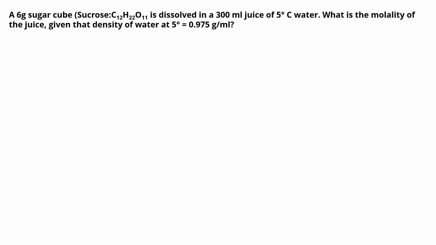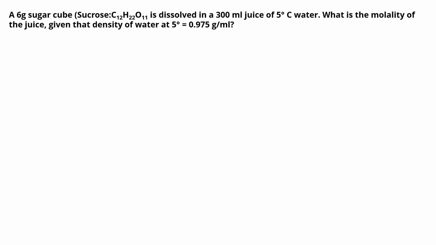Please read the question carefully. A 6 gram sugar cube is dissolved in 300 ml juice at 5 degrees Celsius. What is the molality of the juice? Given the density of water at 5 degrees Celsius is 0.975 gram per ml.